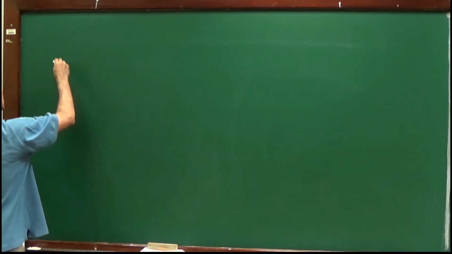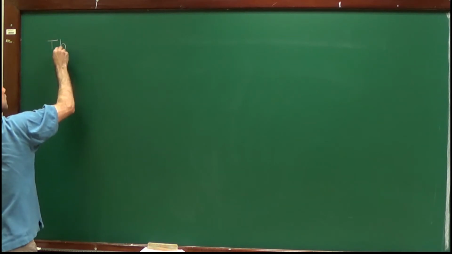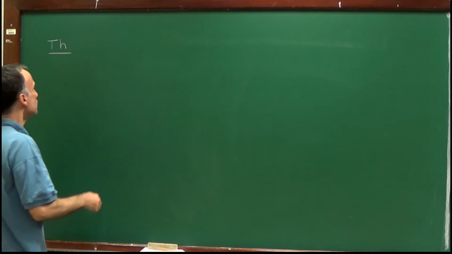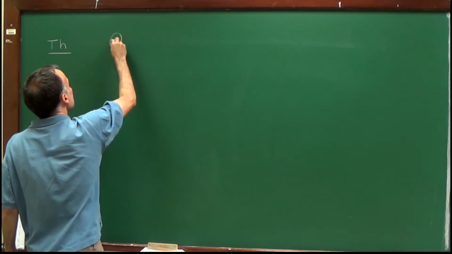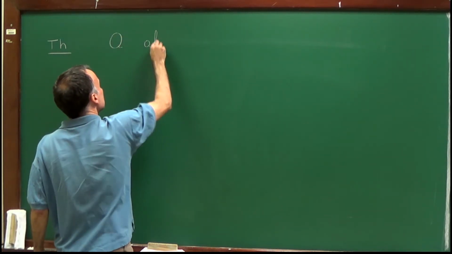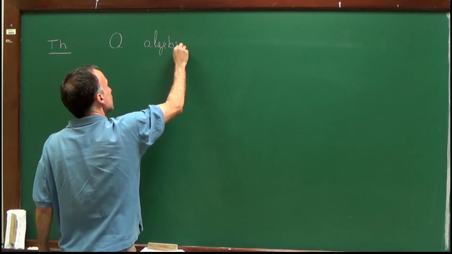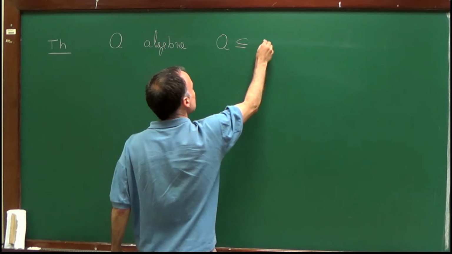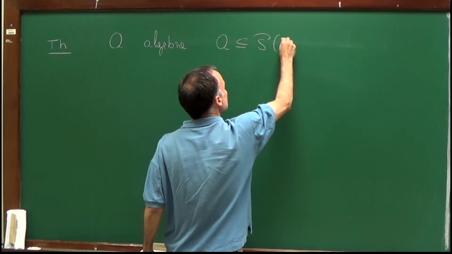So now let me state the main theorem of this lecture. Let A be an algebra of subsets of some set omega, so A contained in P of omega.